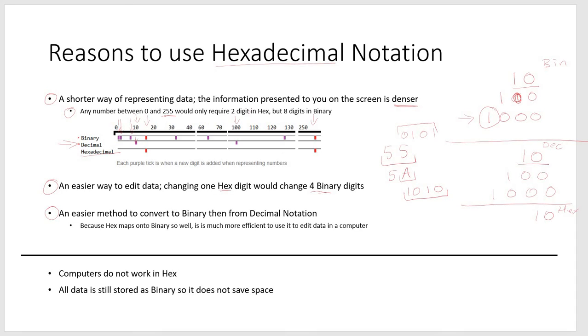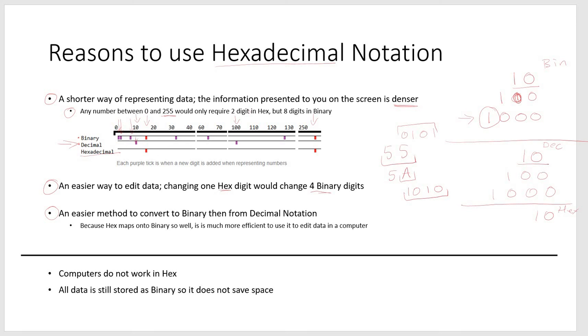It is the easiest method to convert to binary compared to decimal notation. Converting decimal numbers to binary is much harder than converting hexadecimal numbers to binary. Because it maps so well, it's much more efficient to use it to edit data in a computer.